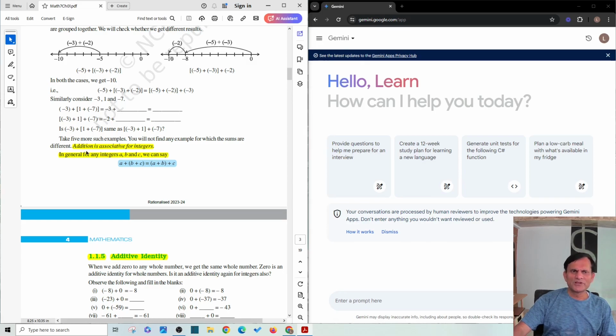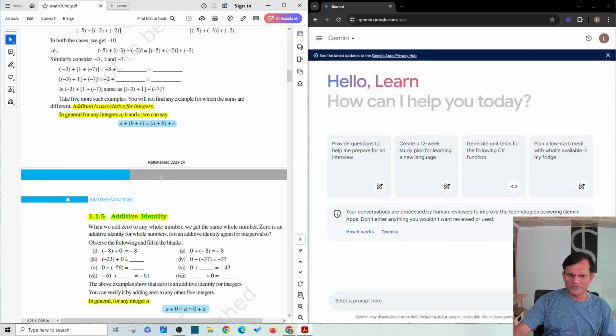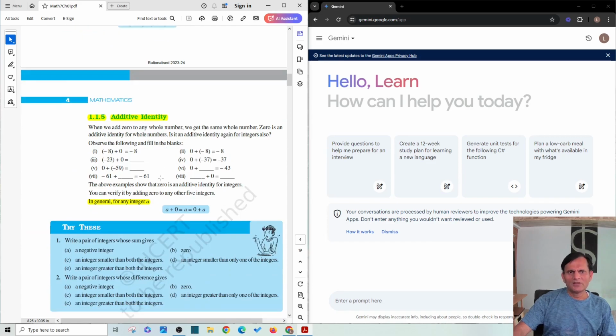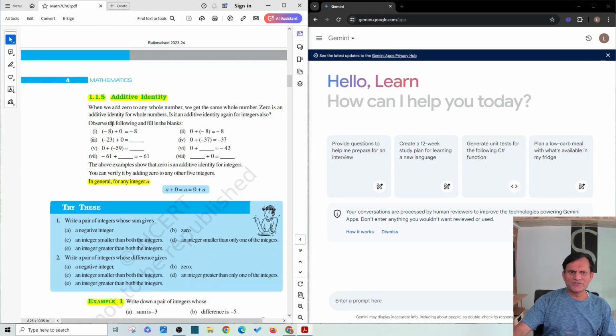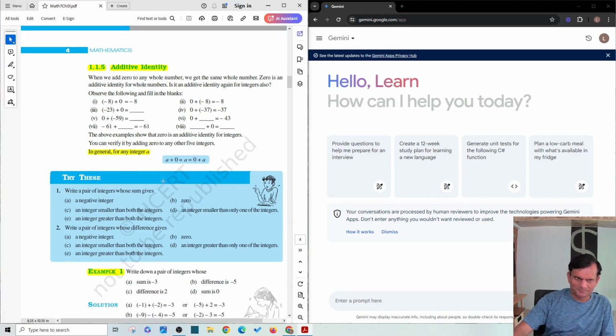It means addition is associative for integers. Then what is identity? Identity is something which, if we add, you get the same result. So a plus 0 equal to a equal to 0 plus a. It means any number if we add 0, you get the same result.